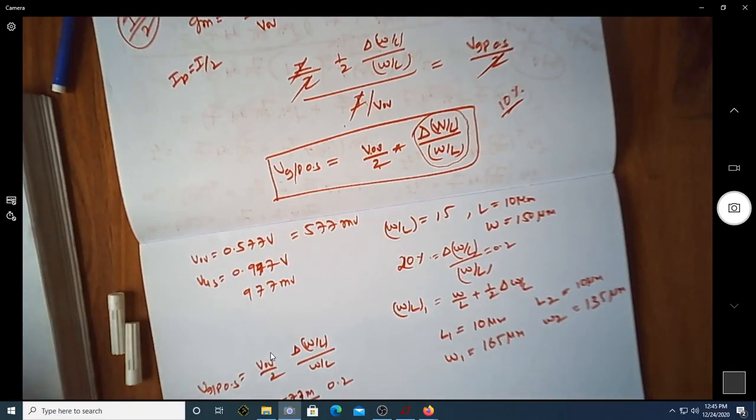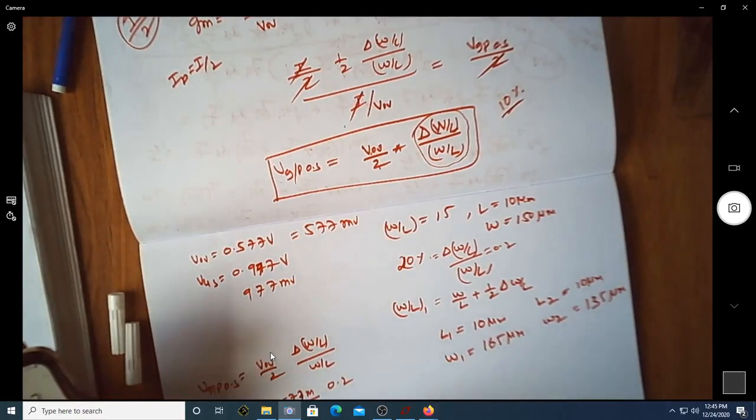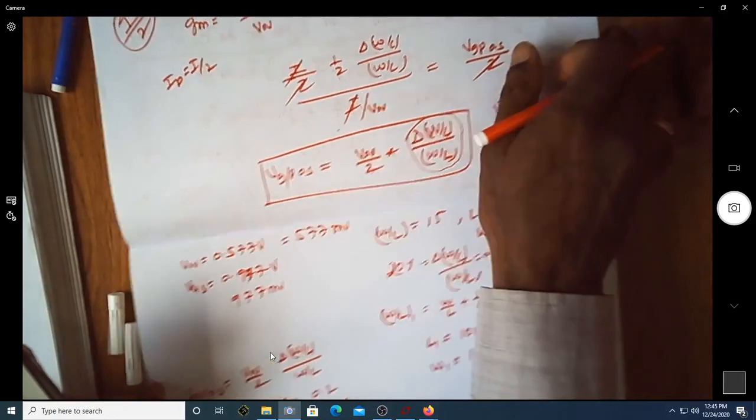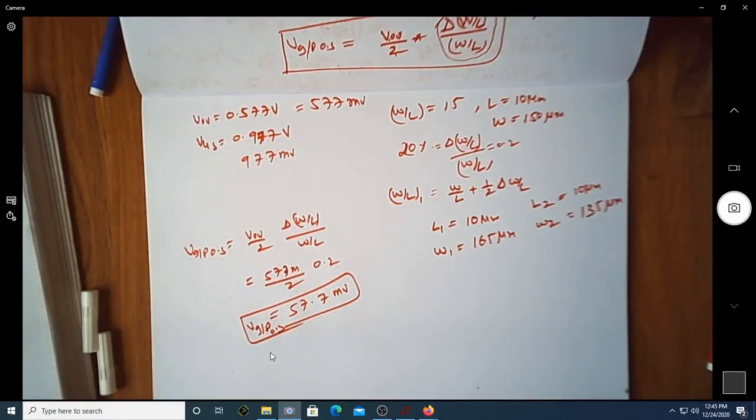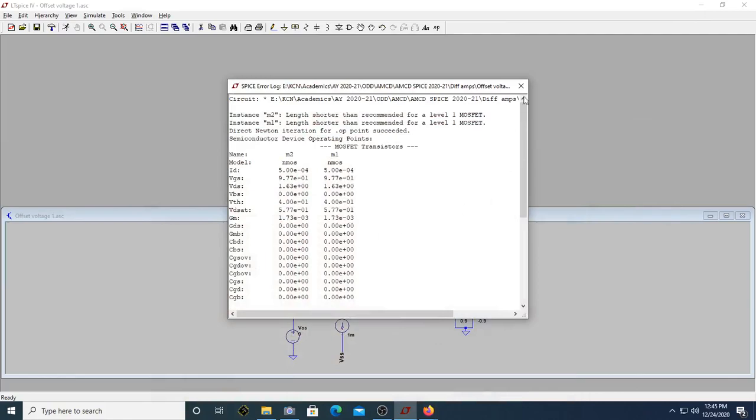It is 577 divided by 2 into 0.2, which happens to be 57.7 millivolt should be the input offset voltage that I should be applying.